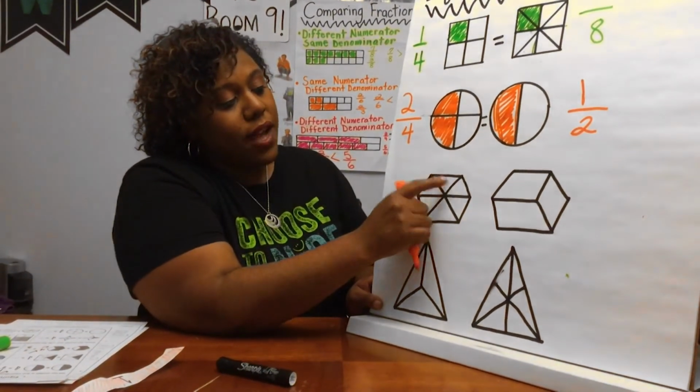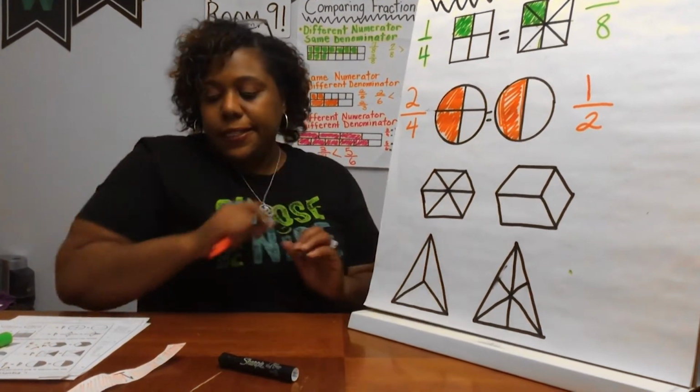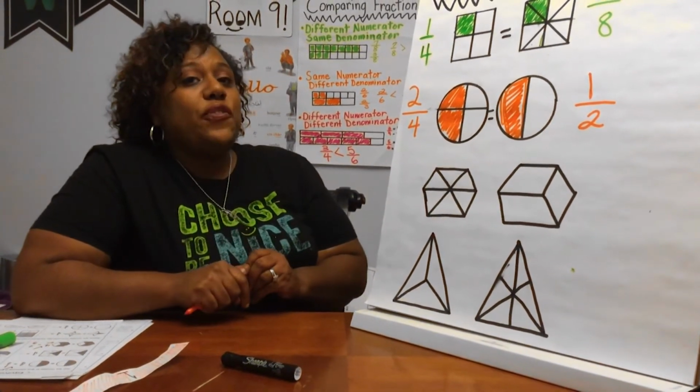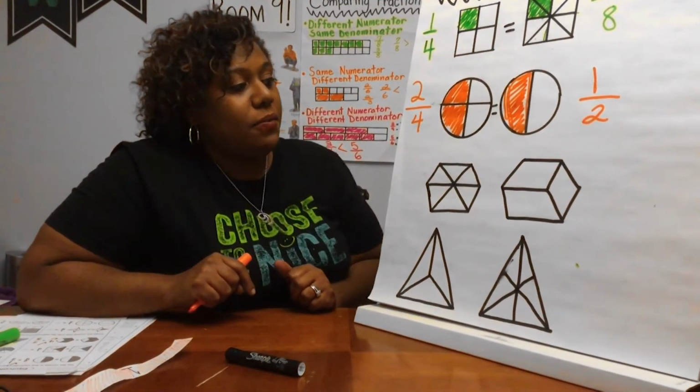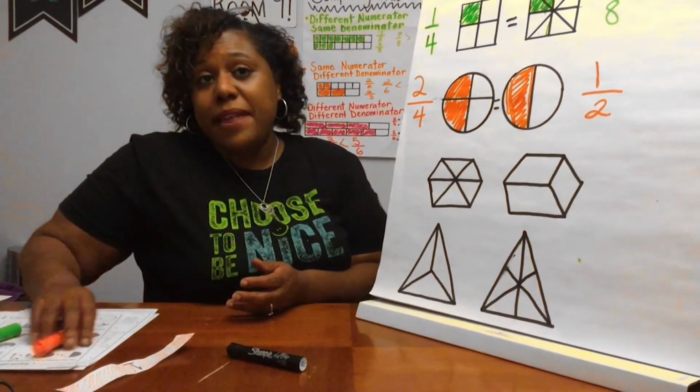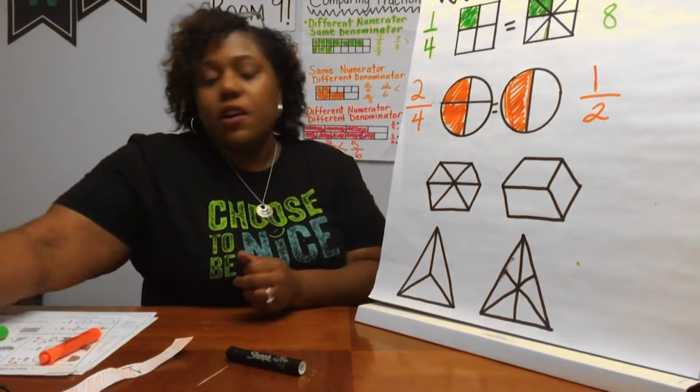We have 1, 2, 3, 4, 5, 6. Let's do 4/6 on this one. So we're going to shade in how many of the 6? 4.